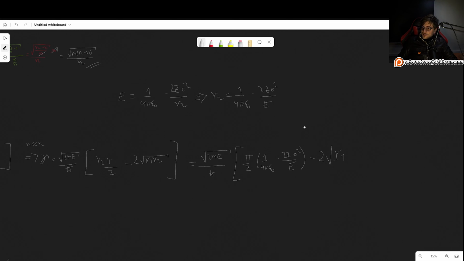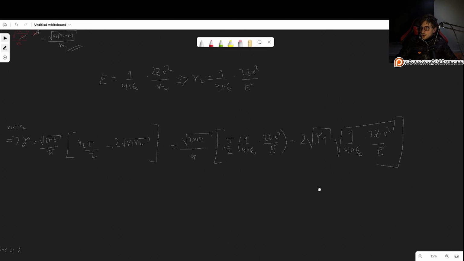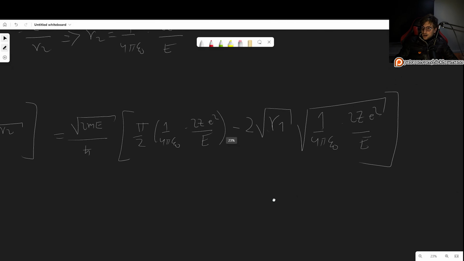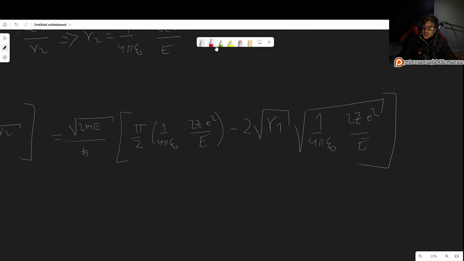Okay, and the square root of R2, which will be the square root of 1 over 4 pi epsilon 0 times 2z e squared divided by E. Now, most of these quantities are constants, right? So they don't depend on the element.